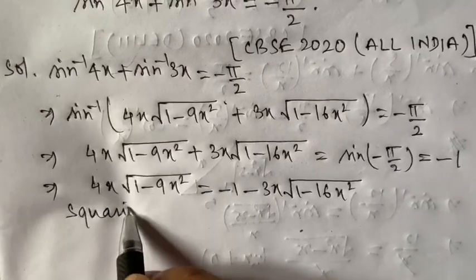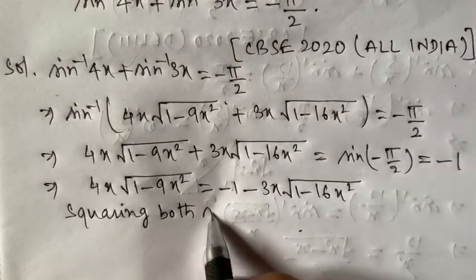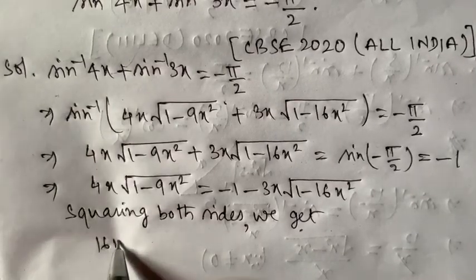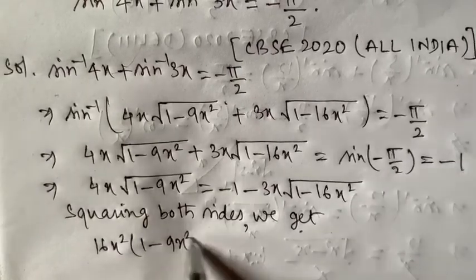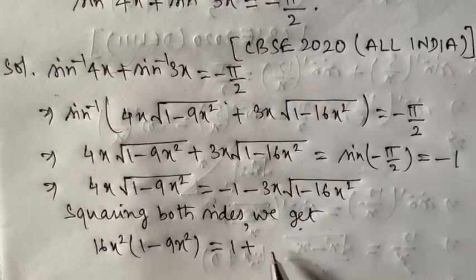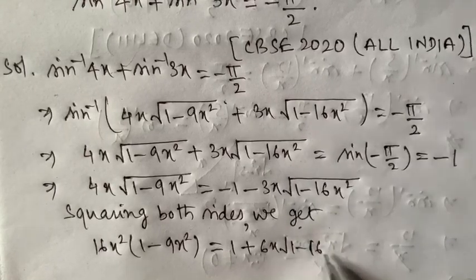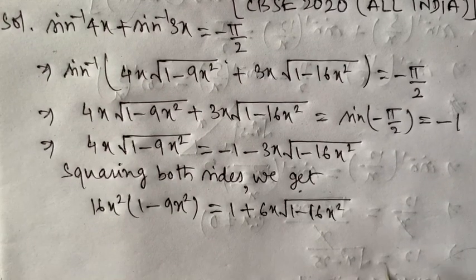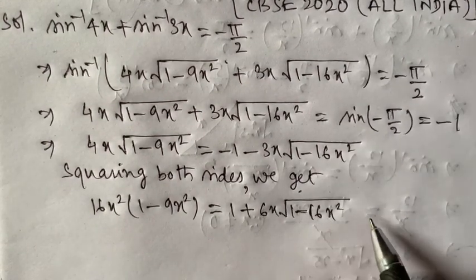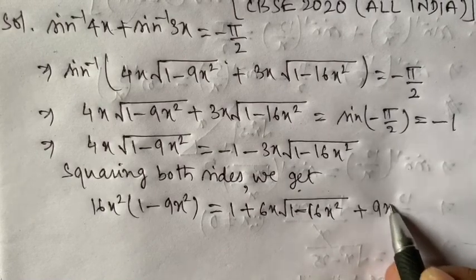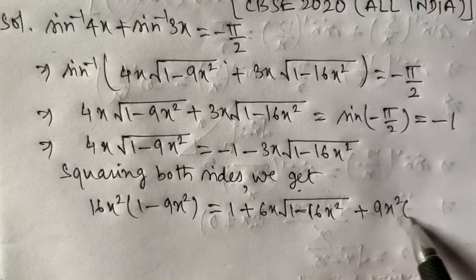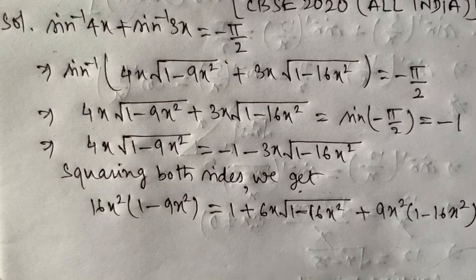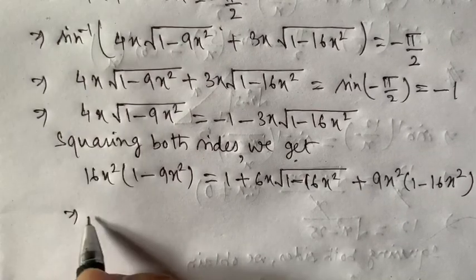Squaring both sides, we will get 16x square into 1 minus 9x square is equal to 1 plus 6x root under 1 minus 16x square plus 9x square into 1 minus 16x square. So now we will expand both the sides.